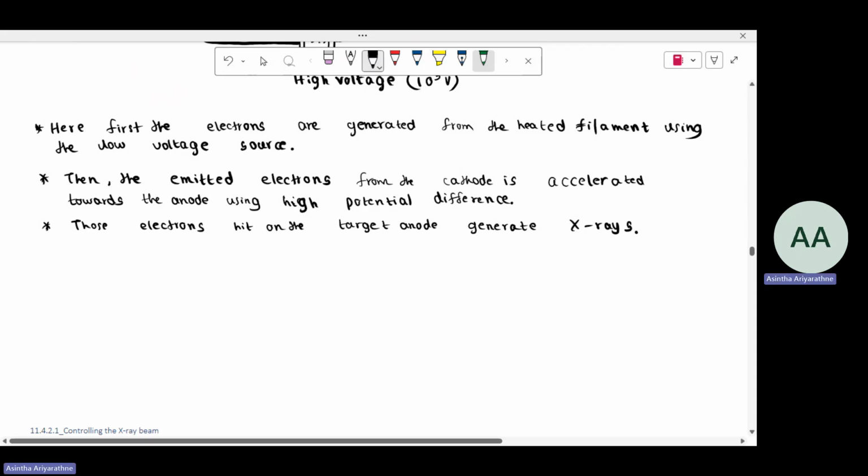So this is some kind of a reverse process of the photoelectric effect. In the photoelectric effect, photons generate electrons. Here the electrons generate X-ray photons, right?